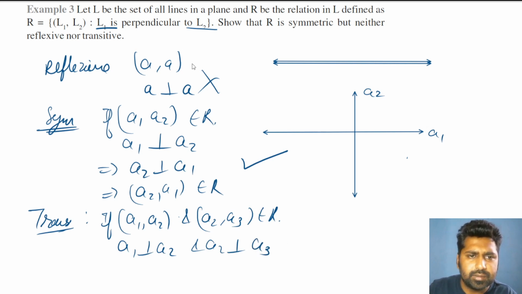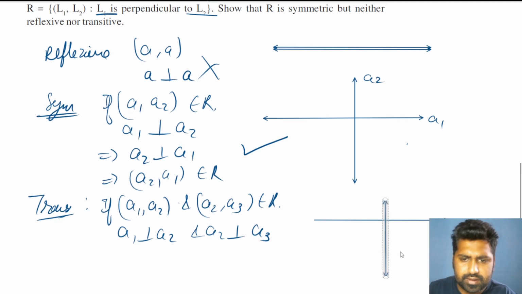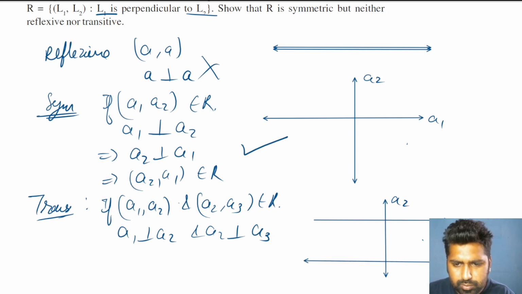This is my line A1, this is another line A2, and now I draw another perpendicular to A2, that's A3. A2 and A3 are perpendicular, A1 and A2 are perpendicular.